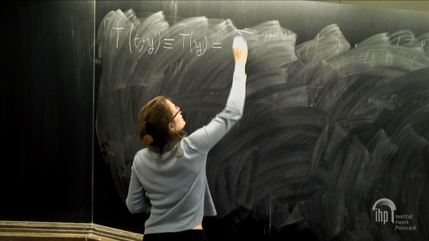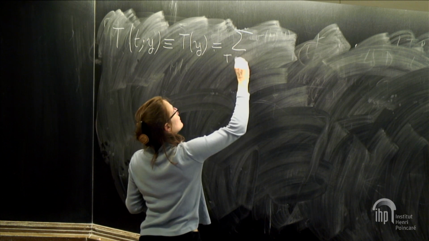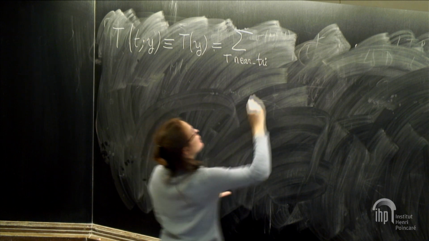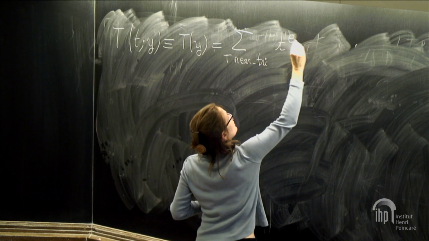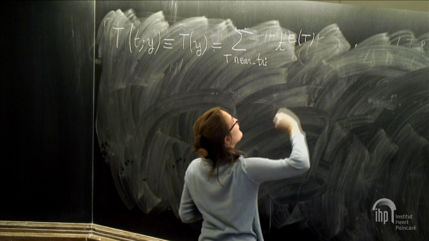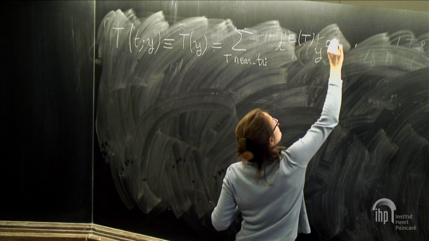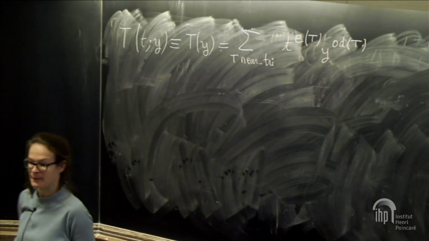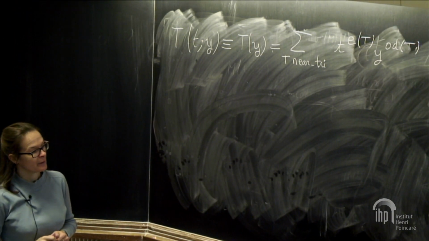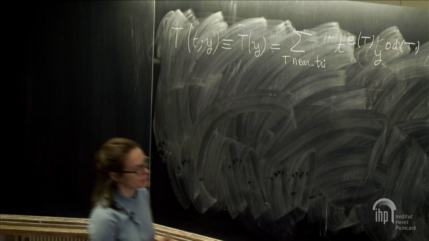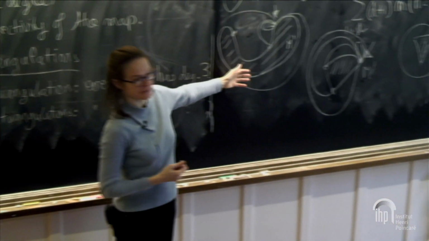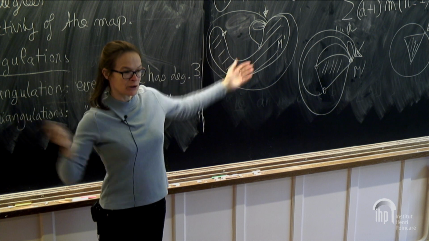So that's the generating function over all near triangulations of t to the edge number and y to the outer degree. Okay, and now comes your first exercise that you can discuss between you. How can you recycle this to write an equation for this series?